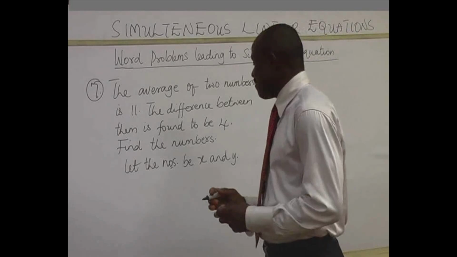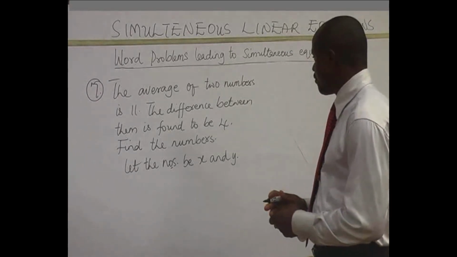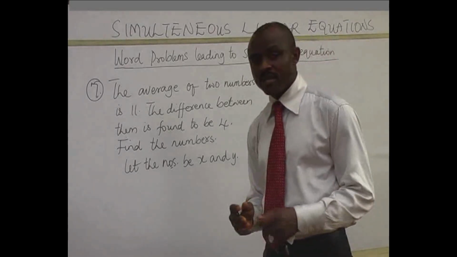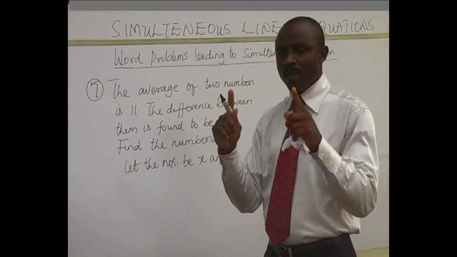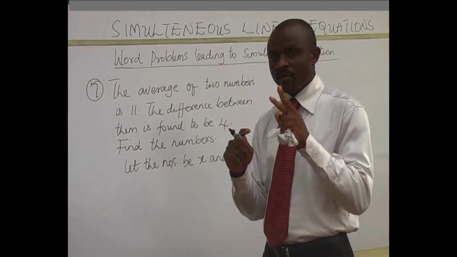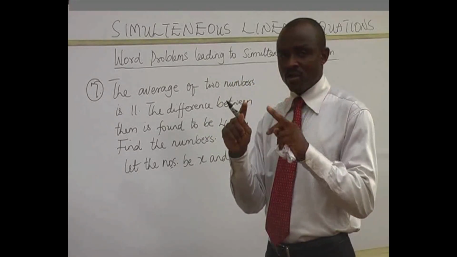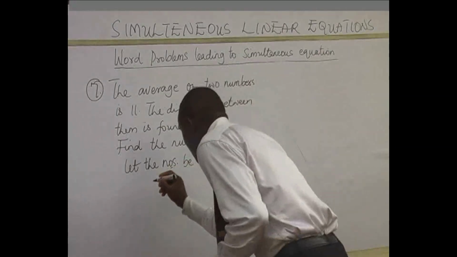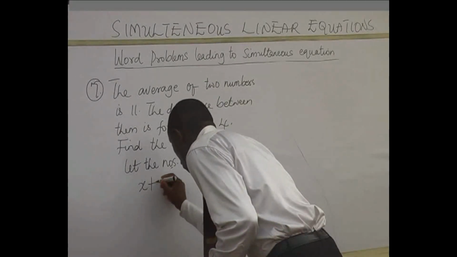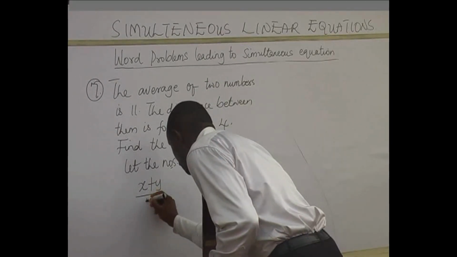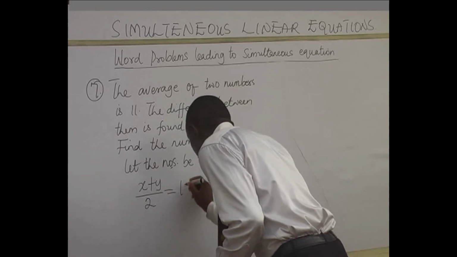They say that the average of the two numbers is 11. Average means sum of the two numbers divided by 2, since there are two of the numbers. If you add the two numbers together and divide it by 2, that is the average. That means x plus y all over 2 is equal to 11.